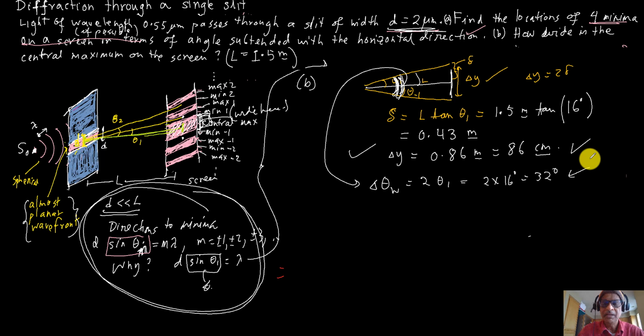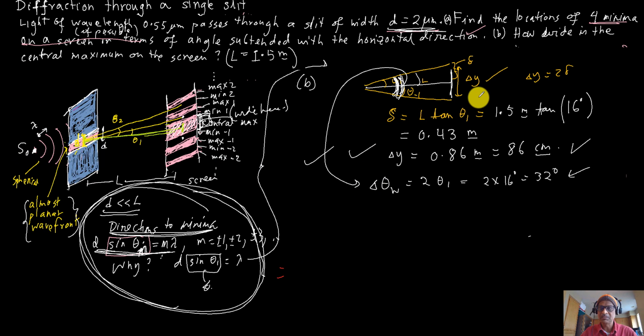Okay, now problem is solved, but it begs the question, where does this formula come from? This formula itself for the minimum direction for the minimum. We don't have 2 sources of waves. There's only one wave here. So how come we got the interference-like formula where we needed the 2 waves? Okay, so we're gonna address that over the next 5 minutes or so.